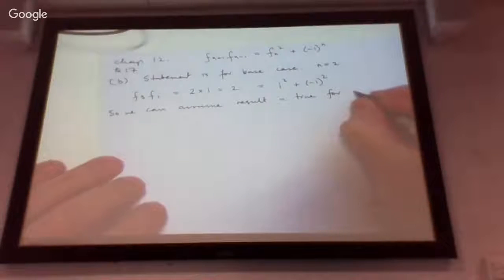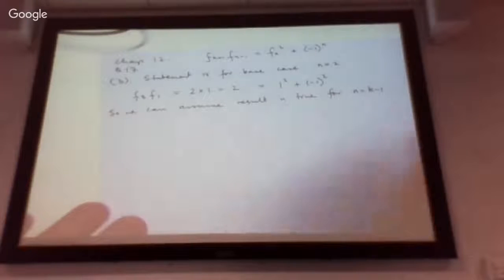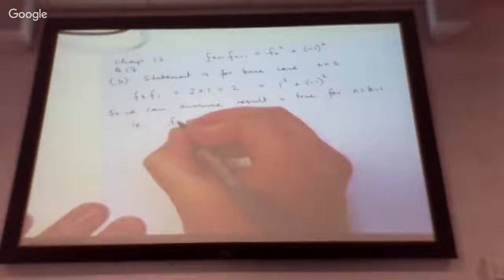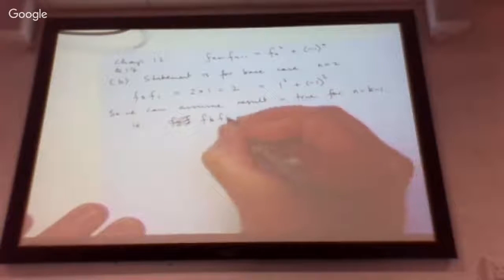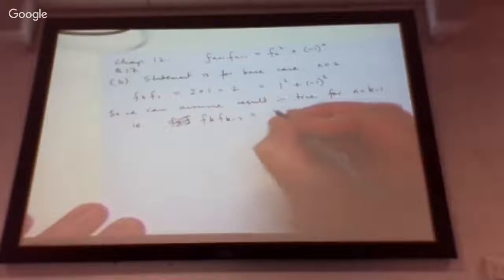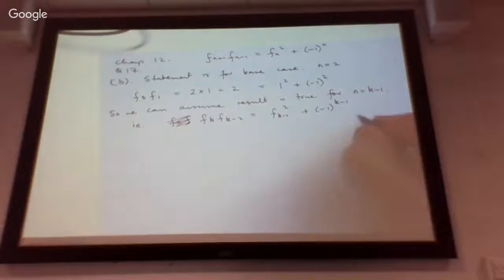So I'll make my assumption like this: that it's true for n equals k minus 1, and then I'll try and establish the result for n equals k. So I'm assuming it's true for n equals k minus 1, i.e., that f(k) multiplied by f(k-2) is equal to the square of f(k-1) plus or minus 1 to the k minus 1. So that's what I'm assuming.